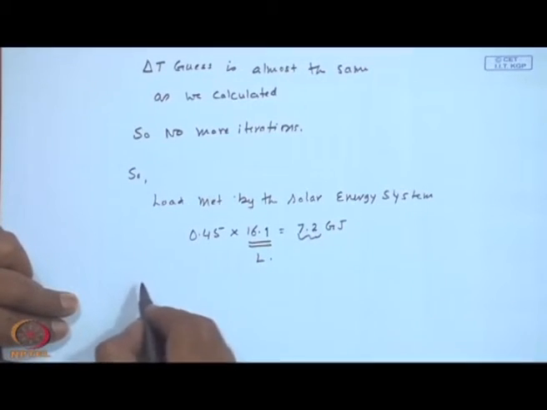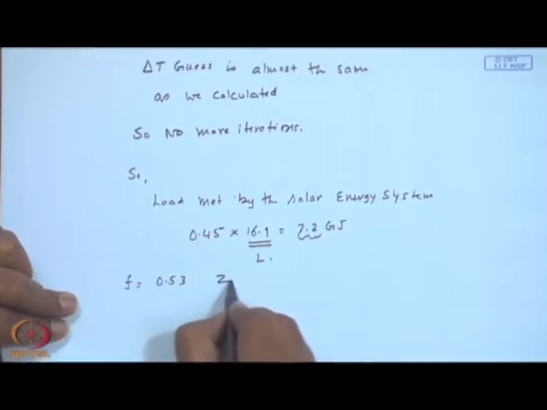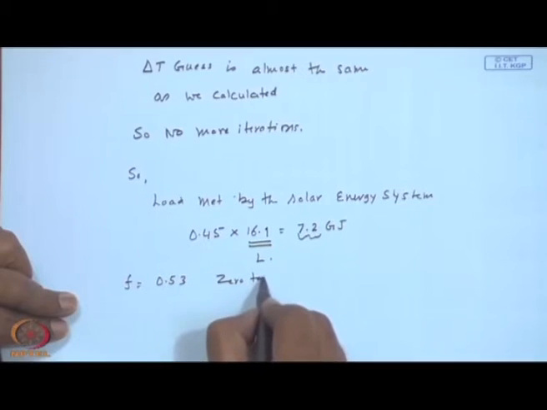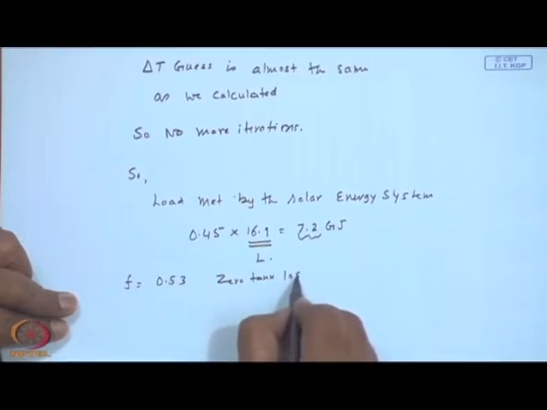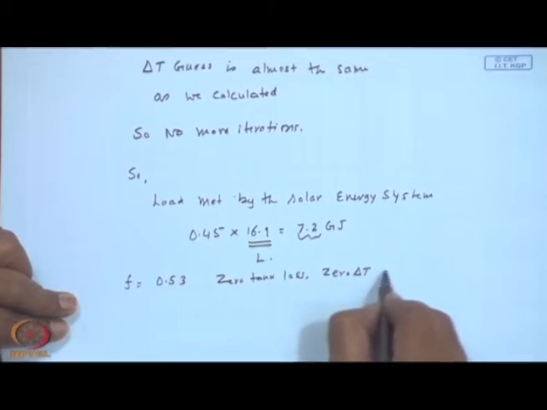So, if you again have a little bit of summary, F is equal to 0.53 with 0 tank loss and 0 delta T across the heat exchanger.